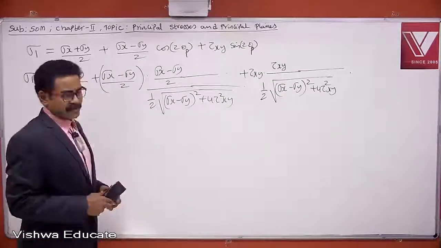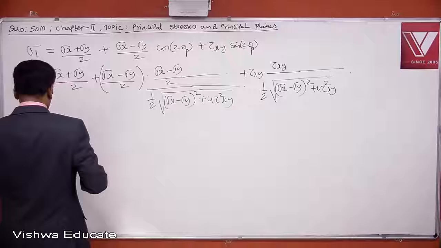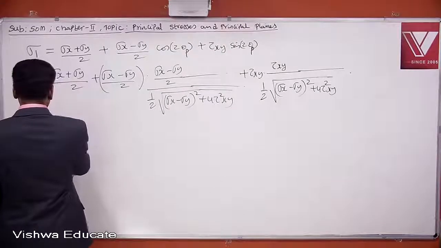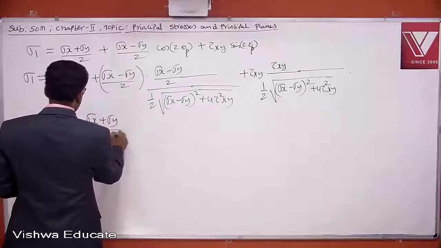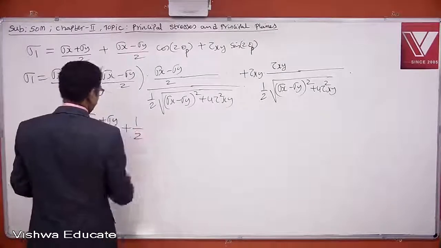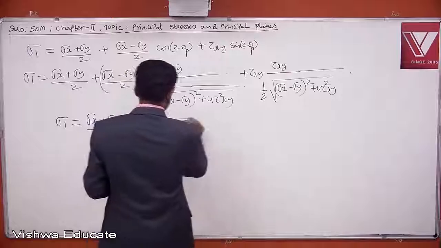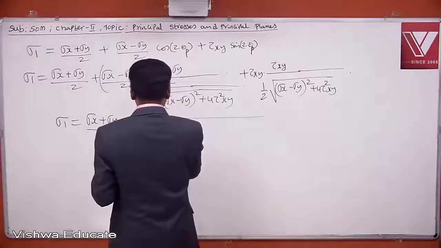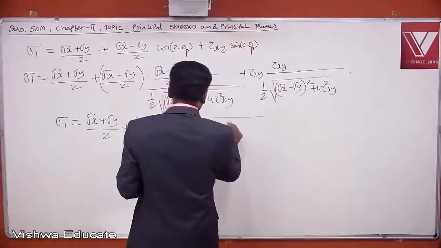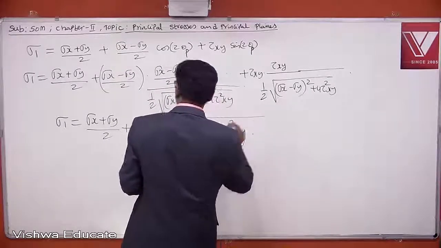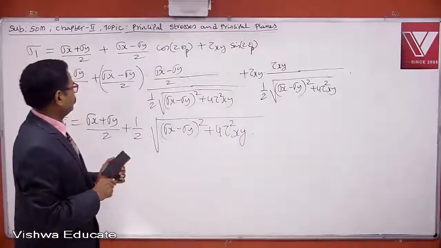If you simplify this, you get something like this: σ1 = (σx + σy)/2 + ½ √((σx − σy)² + 4τ²xy).